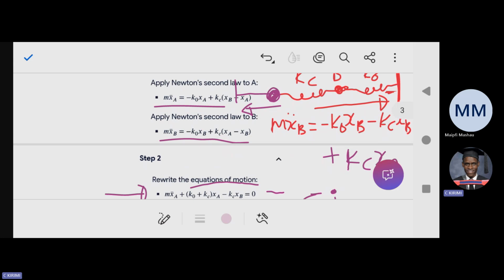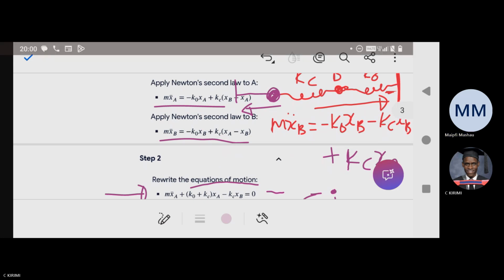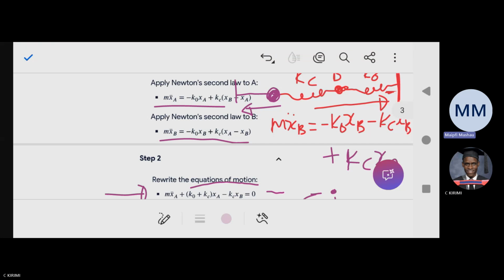Are we together? My confusion is with the force there, FA, MA, the first one, the mass and acceleration. Why is it still positive, but the rest of the things changed?